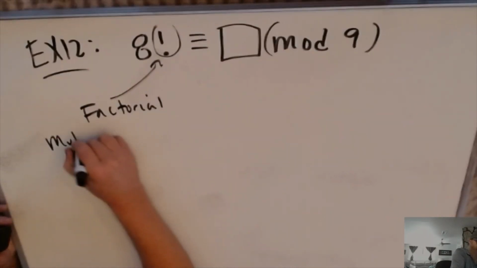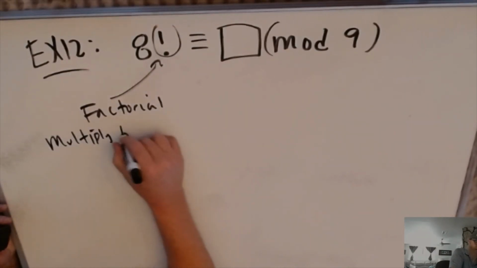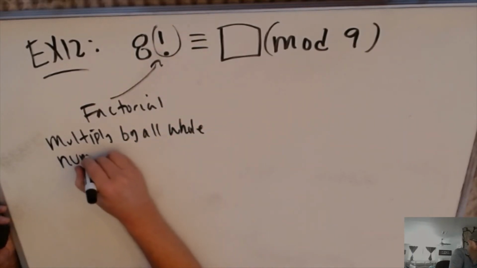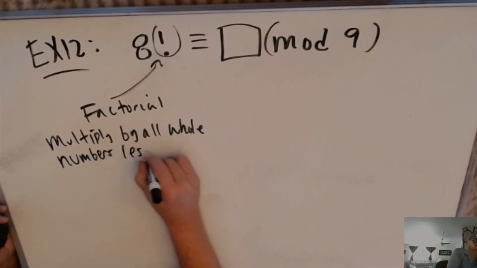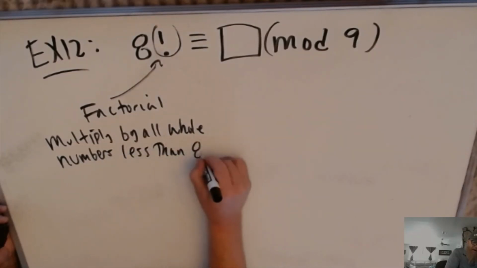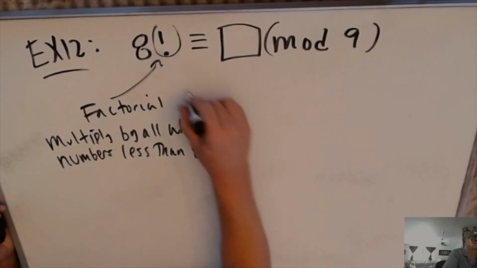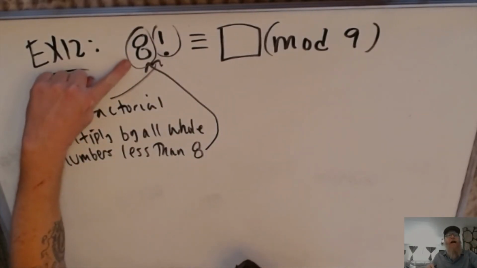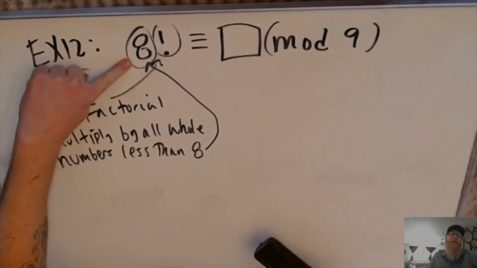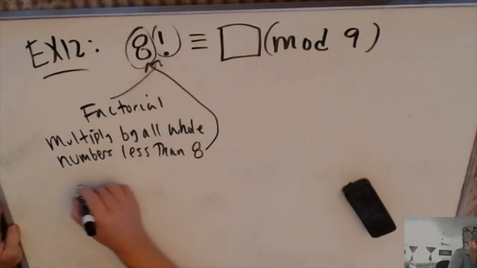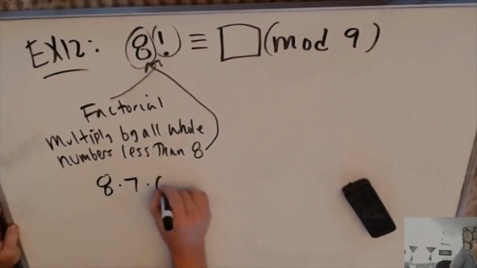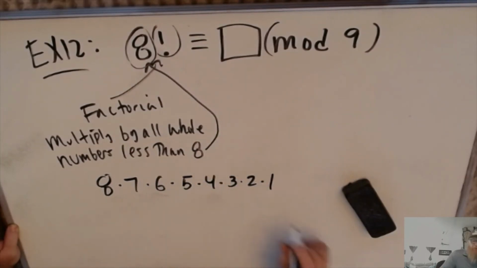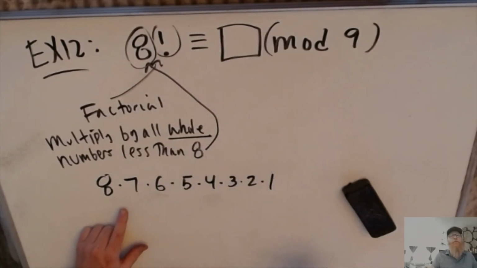It means to multiply by all the whole numbers less than 8. It's not always going to be 8. It's whatever this value happens to be. We call it n, whatever this n happens to be. So that would be 8 times 7 times 6 times 5 times 4 times 3 times 2 times 1. Whole numbers only.